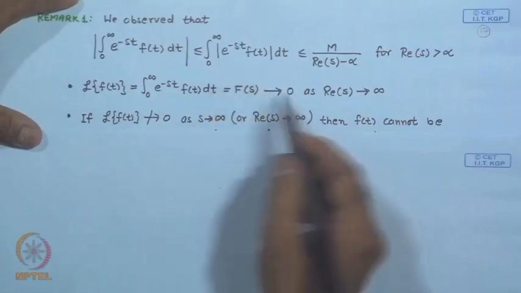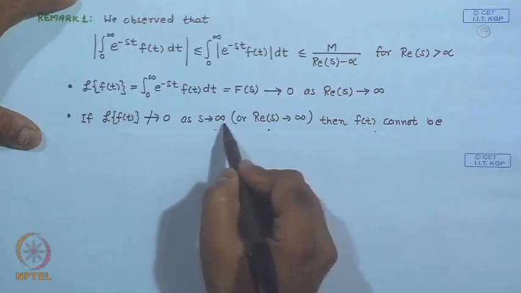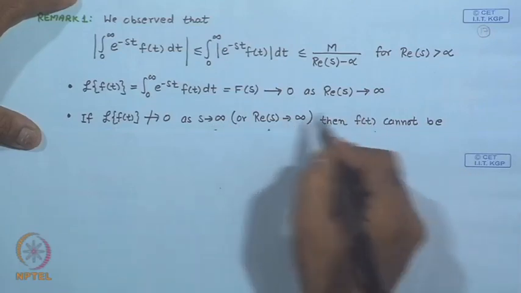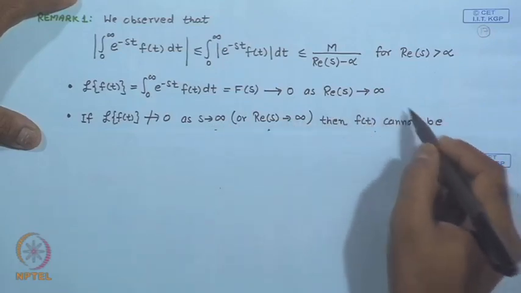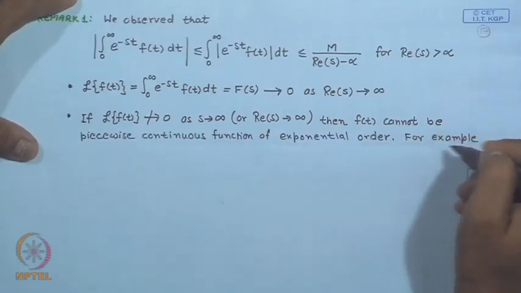So, what we can conclude from here is that if Laplace of f t does not go to 0 as real s tends to infinity, then f t cannot be a piecewise continuous function of exponential order.